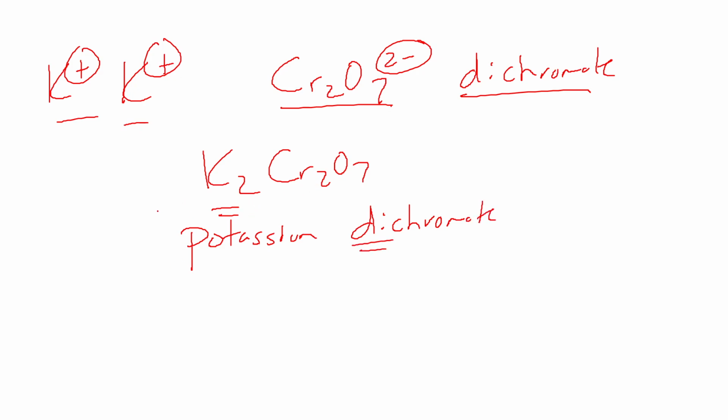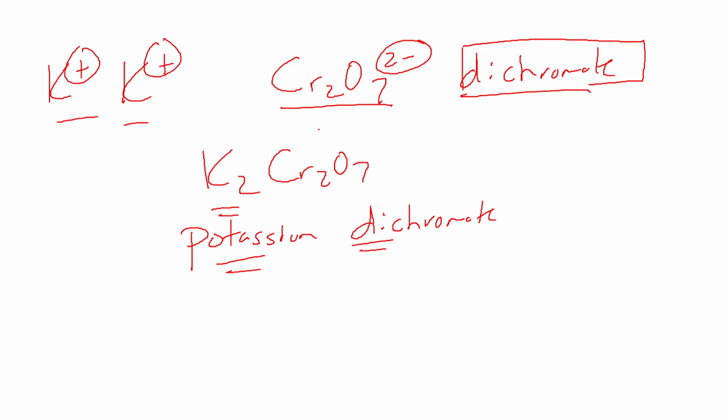And you caught me after all these videos. There is a prefix along with our metal, and the reason it just so happens is that it's part of the polyatomic ion name. That is probably the only time you will have a prefix with a metal: if the polyatomic ion itself actually has a prefix in it.